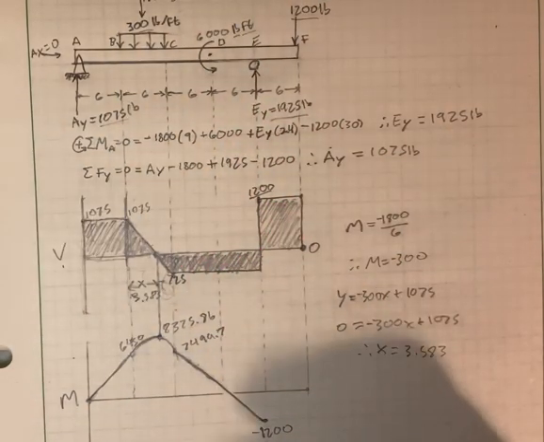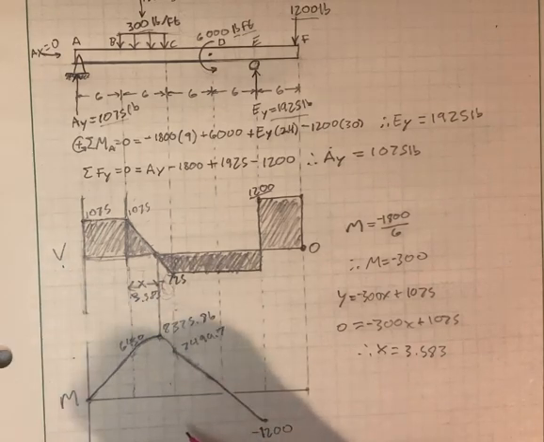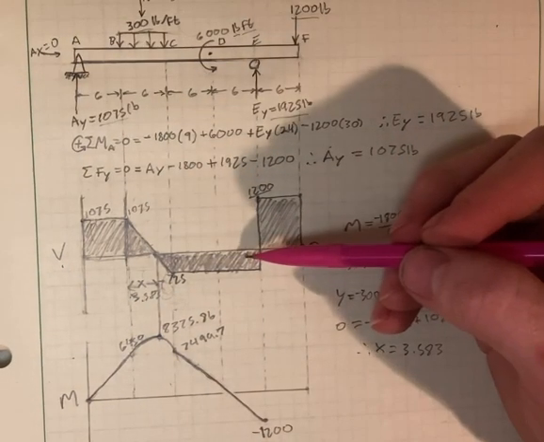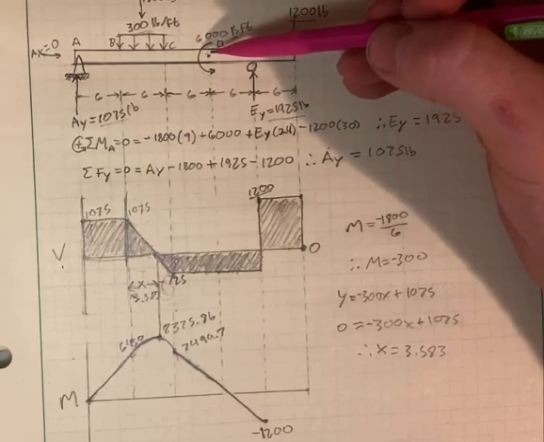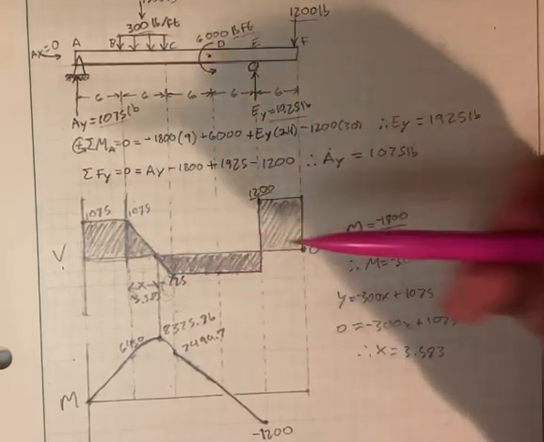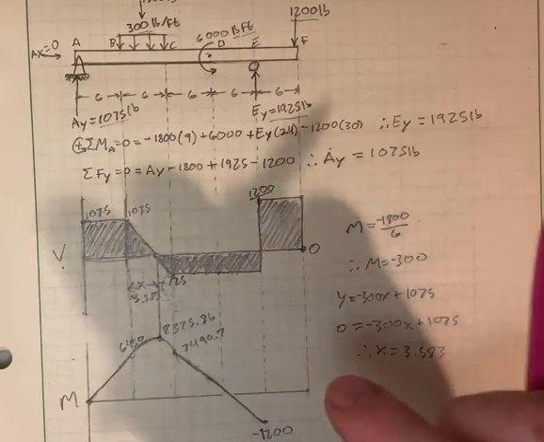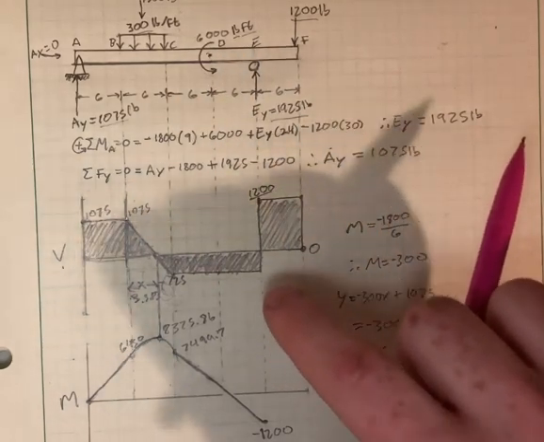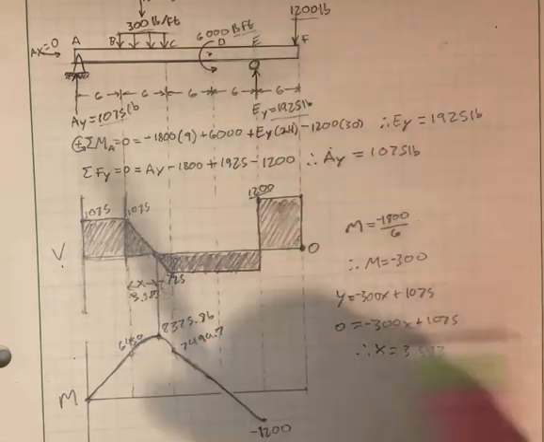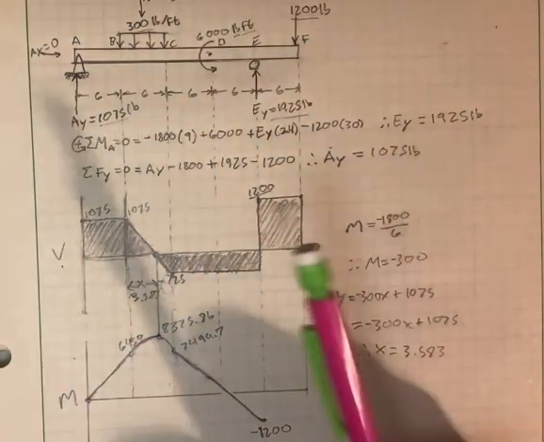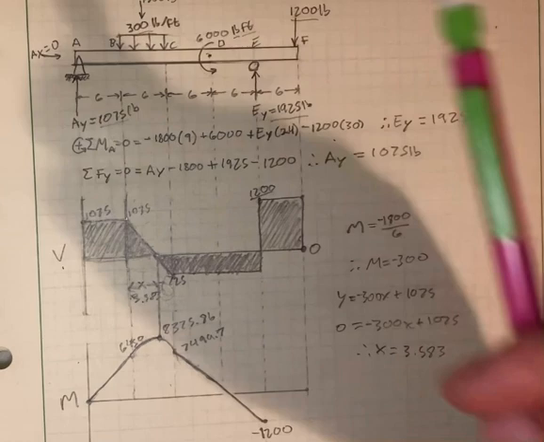I missed something. I'm working with moments. I'm going off of the shear diagram, so I missed the moment applied on the member, because that doesn't affect the shear diagram. So you got to watch out for that. You can get tunnel vision by working on these, and then you'll get the wrong value in the end. You'll be like, what happened? That's what happened. You missed the applied moment.